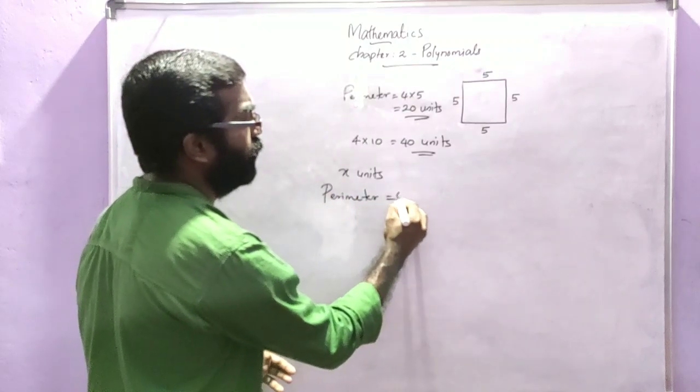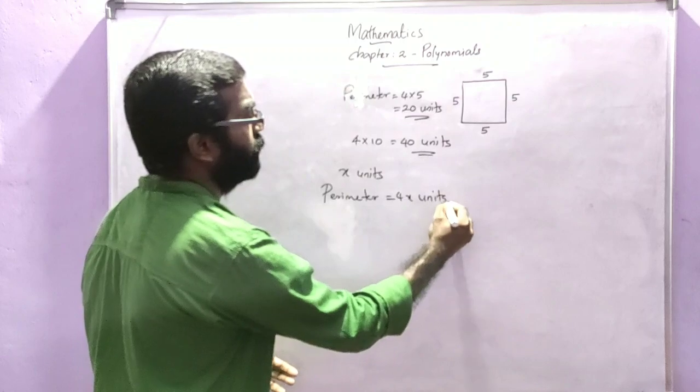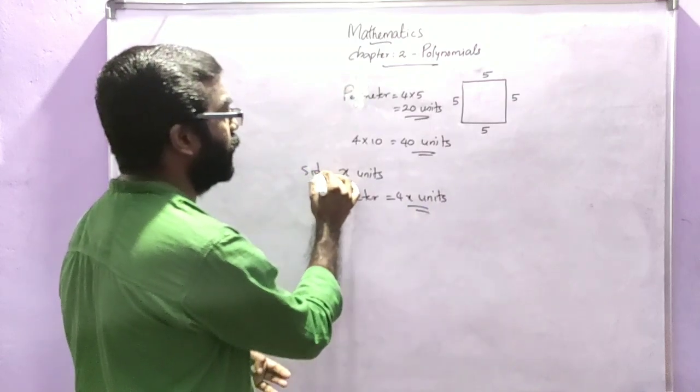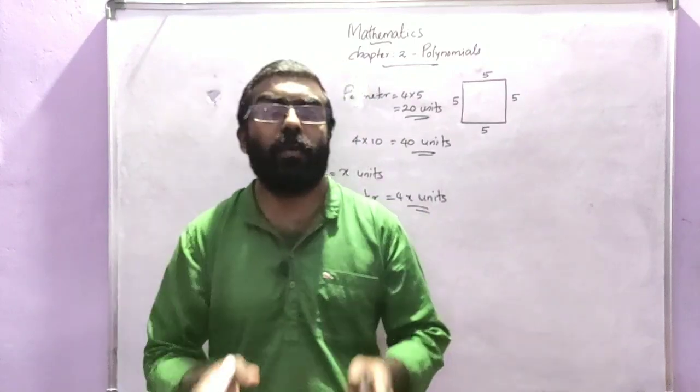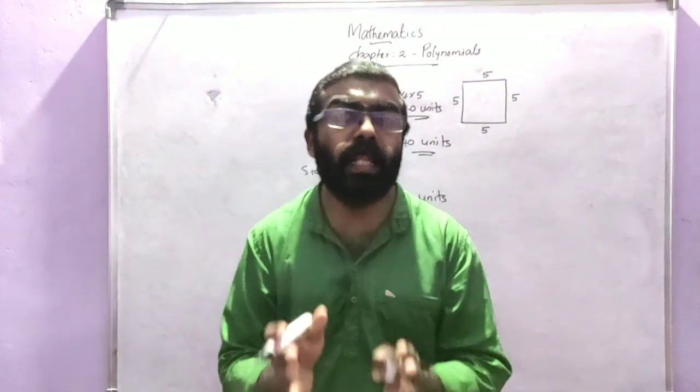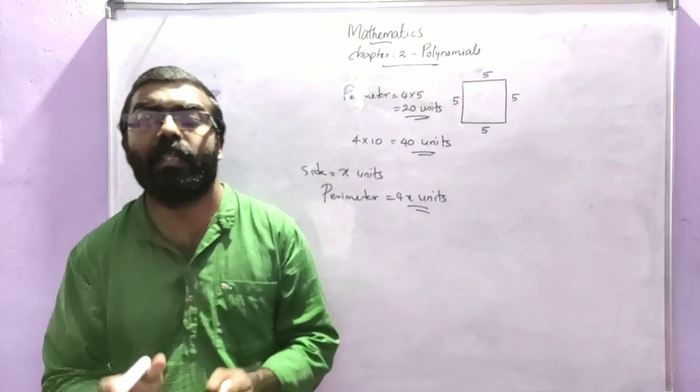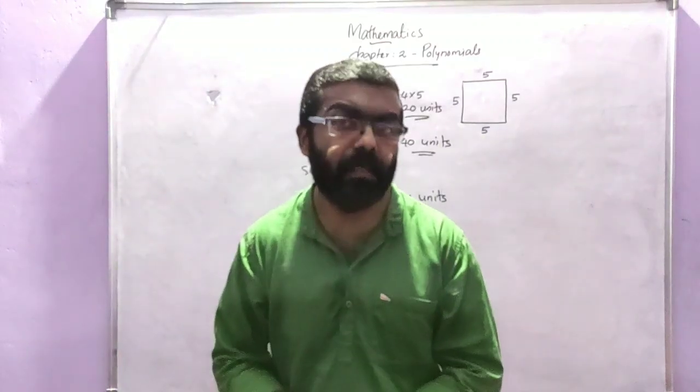If the side is x units, then the perimeter will be what? 4x units. So we can conclude as the length of side varies, the perimeter also varies.